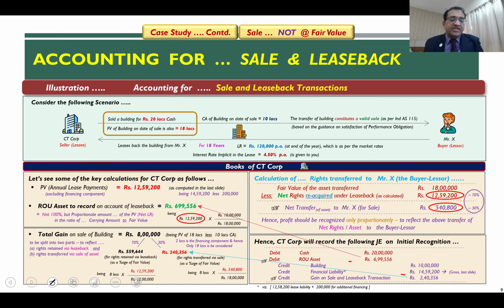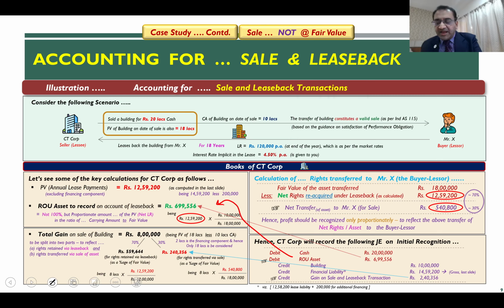Now, what is ROU asset? ROU asset, as I gave you the example earlier also, the other way is that we have already computed the gain on sale of the building, which is this number 240,356. So you may either arrive at ROU as the balancing figure, or you may compute the ROU number as given in the formula itself.